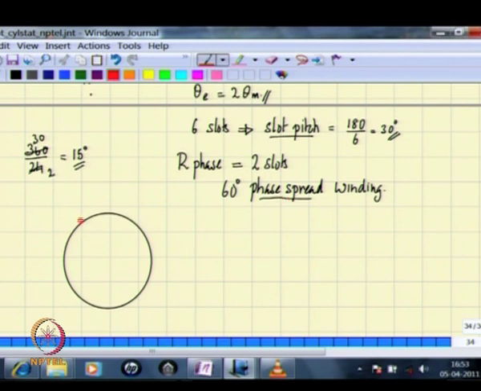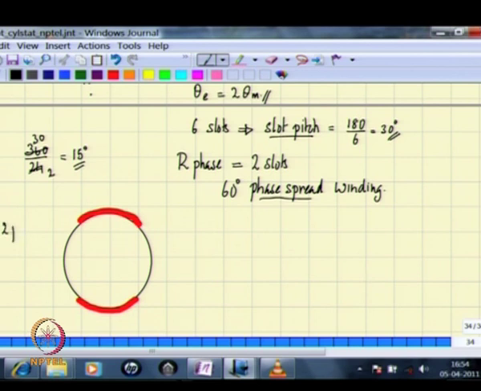So, let us say that the R phase is distributed over this angle. What do we mean by this? What we are saying is that the animation had a 4-pole arrangement. We are now looking at a simplified case.